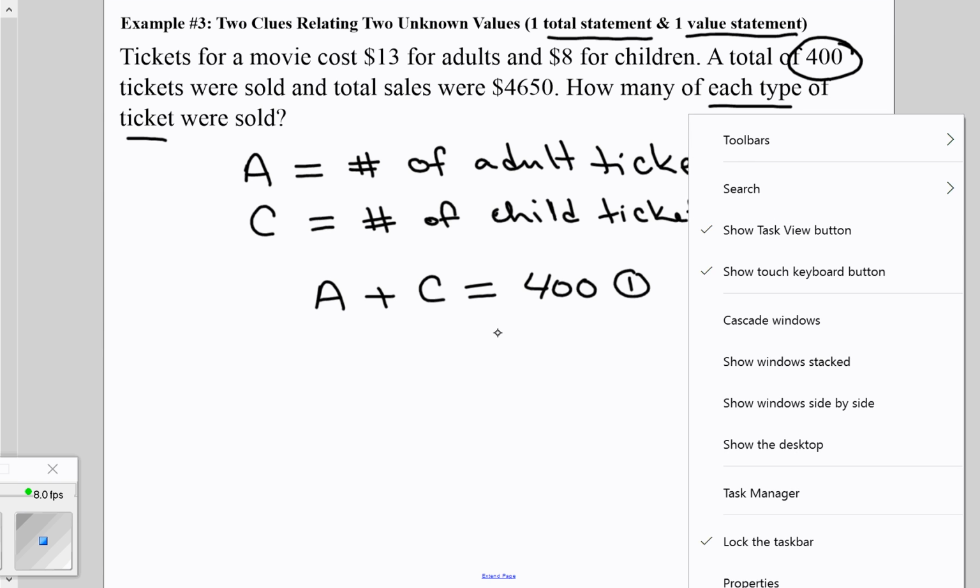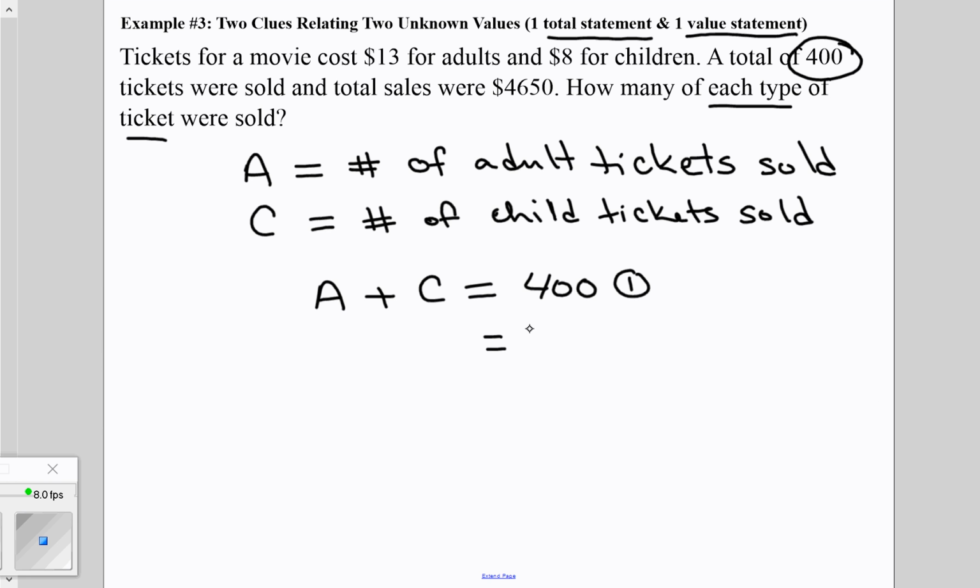There's another statement involving value, and the total value is $4,650. Okay, and that's with reference to the cost of the tickets. So if we have a certain number of tickets sold that are adult, and they are $13 each, then 13A will represent the money associated with the adult tickets, plus 8C, the value of children's tickets.